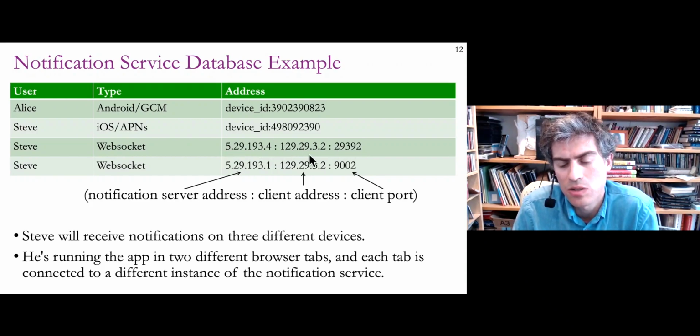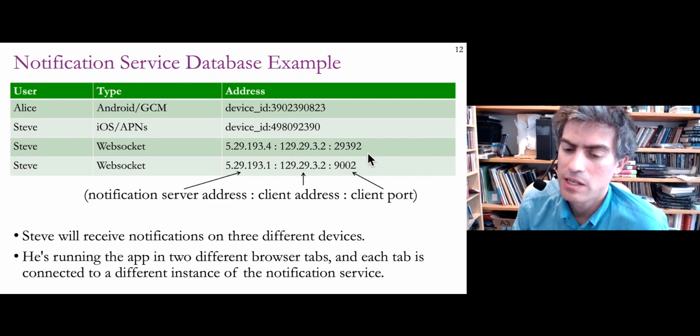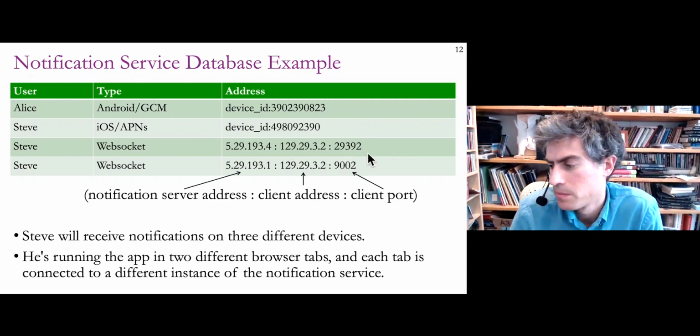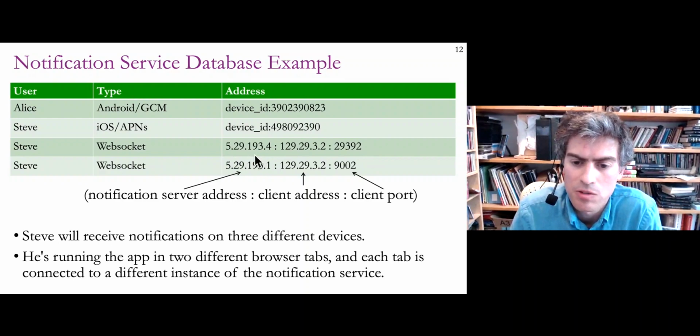And then these other two numbers allow that app server to identify which of the many network connections it has is the one that Steve's on. So this is the client IP address and the client port number. Don't worry too much about the details, but that identifies to this software running on this machine which connection is the one, among the many different browsers that are connected to that machine.